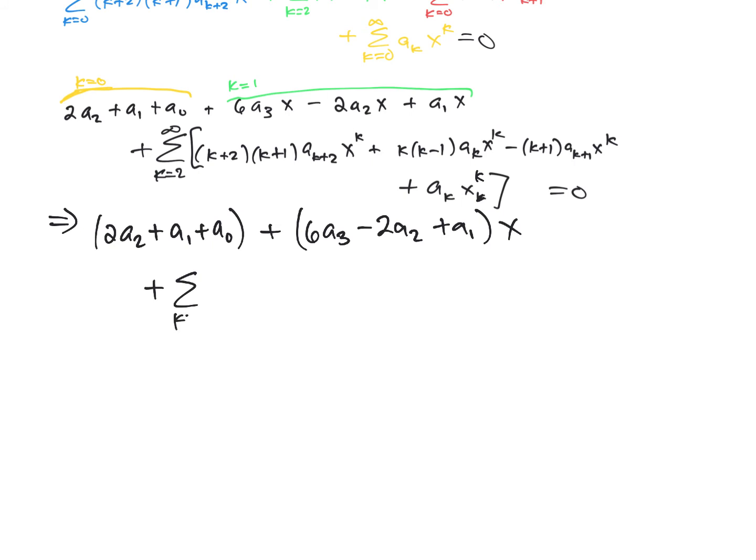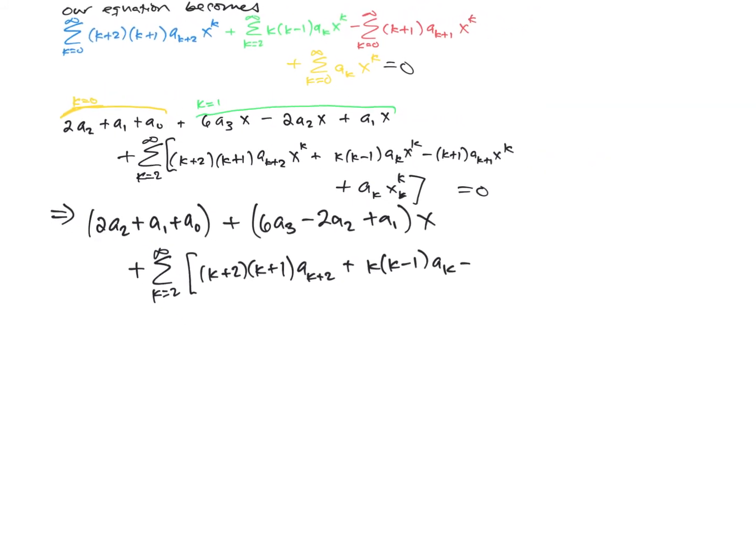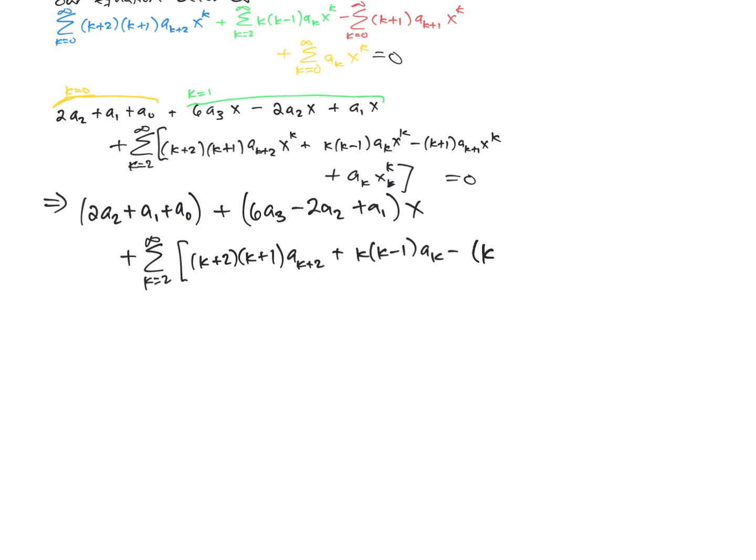So we get the sum from k equals 2 to infinity, brackets, k plus 2, k plus 1, a k plus 2, plus k minus 1, a k, minus k plus 1, a k plus 1, plus a k, bracket, all times x to the k. And this all equals 0.